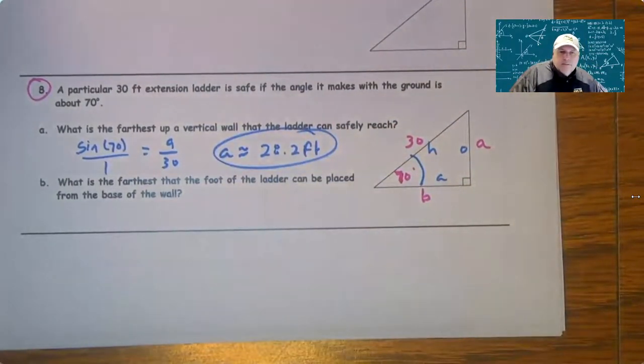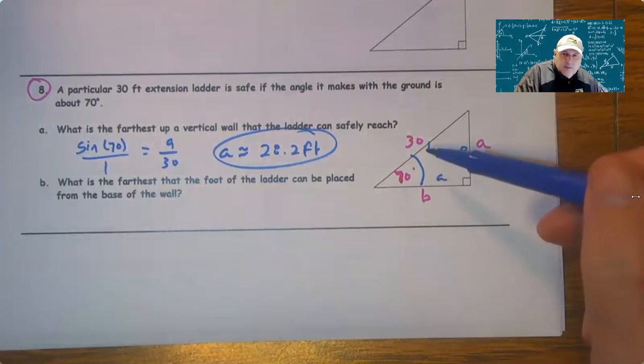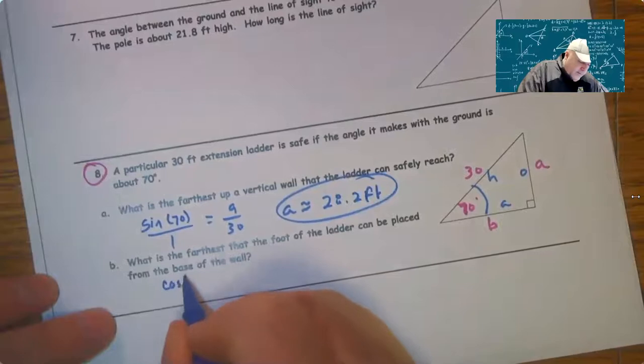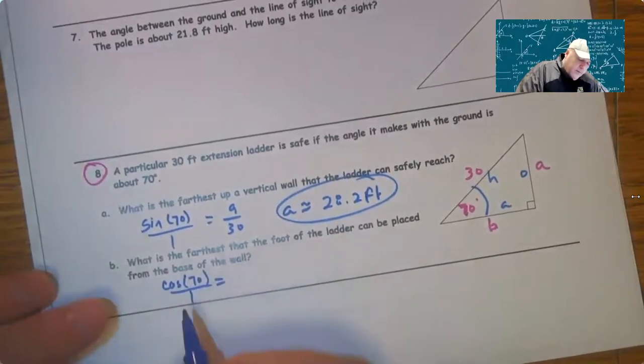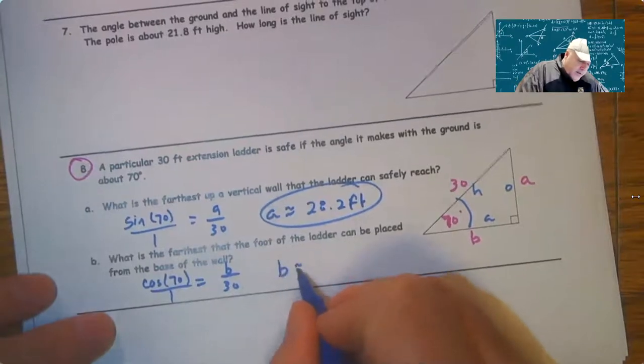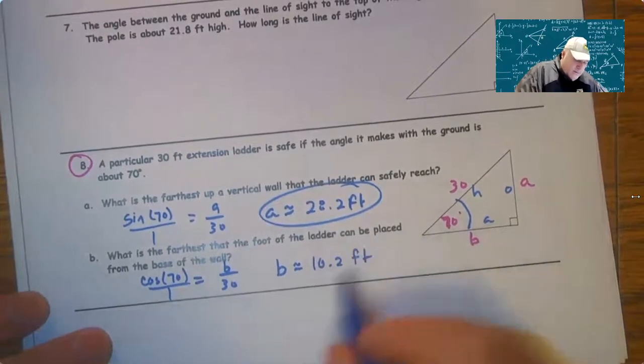And then for B, that would be cosine, because we're looking at this variable B here, and then the 30. So A and H have the labels. So cosine of 70 over 1 equals B over 30. So B is approximately 10.2 feet.